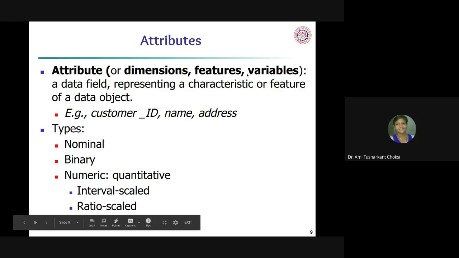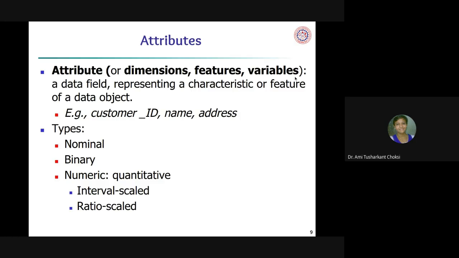Attributes, or dimensions, features, or variables, are data fields representing a characteristic or feature of a data object, for example customer ID, name, address.